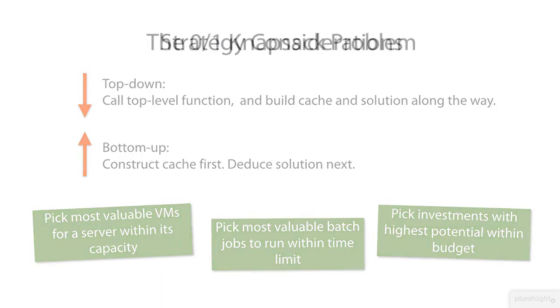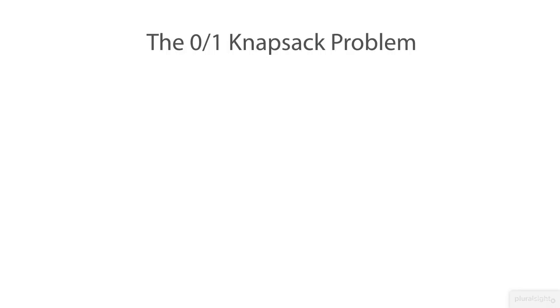allowed budget. The aforementioned problems are all special cases of the so-called 0-1 knapsack problem, which can be described as follows. We are given a basket or a bag or a knapsack with a certain capacity, say 4 pounds, kilos, or some other unit. We also have a bunch of items.